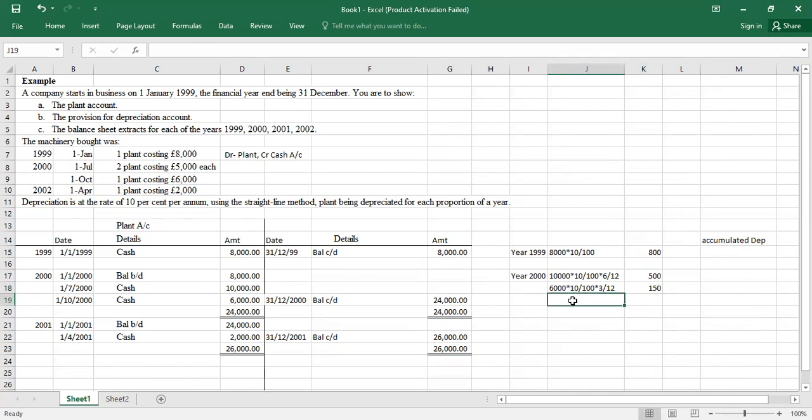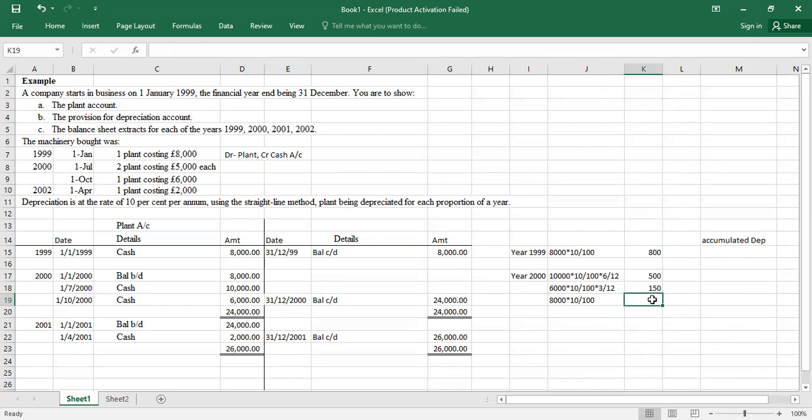Don't forget that our first plant has not been sold yet, so I'm going to depreciate it for the second year. Multiply by 10 over 100. But this year, it is a whole year, so multiply by 12 over 12.